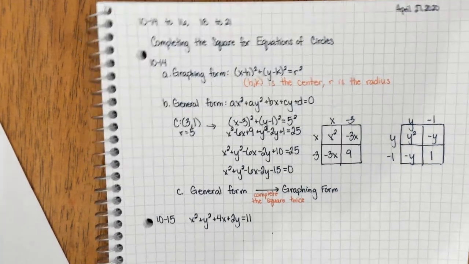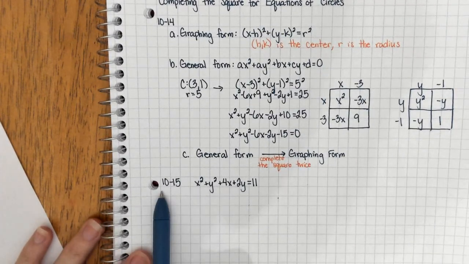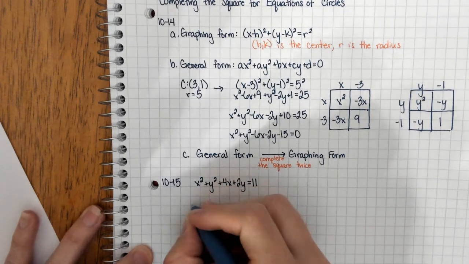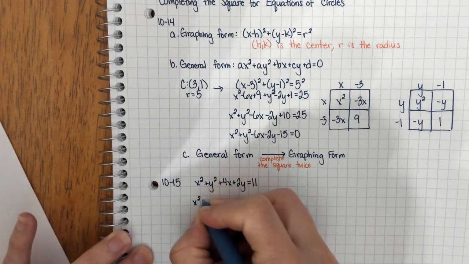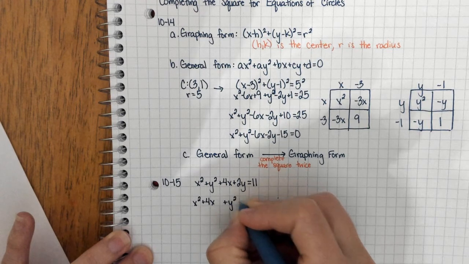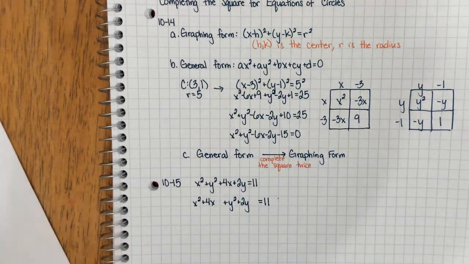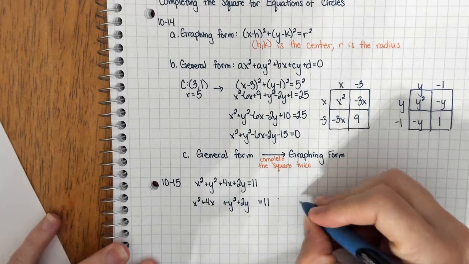First thing I'm going to do here is I'm going to rearrange it so my x's are together and my y's are together. So this is equivalent to x squared plus 4x plus y squared plus 2y is equal to 11. So I said we want to complete this square twice, once for x's, once for y's.